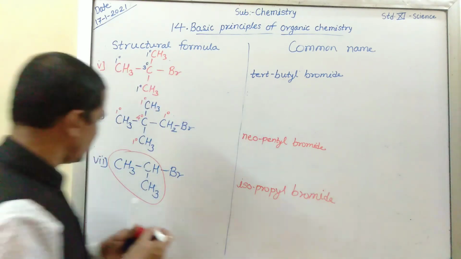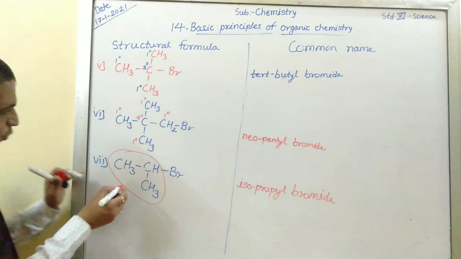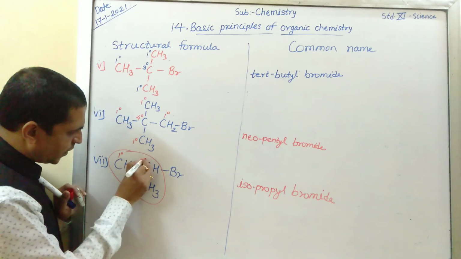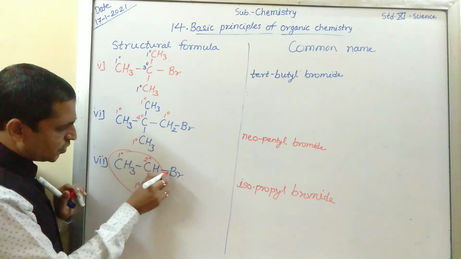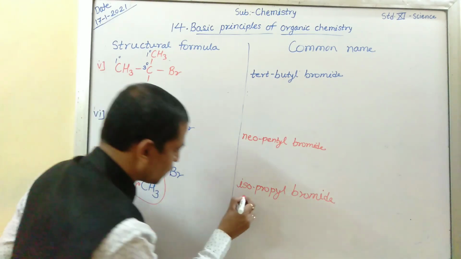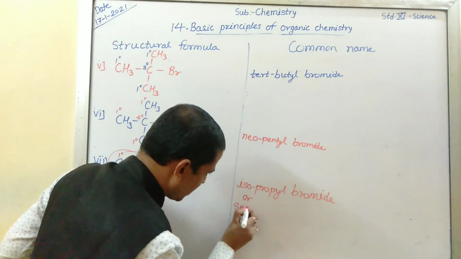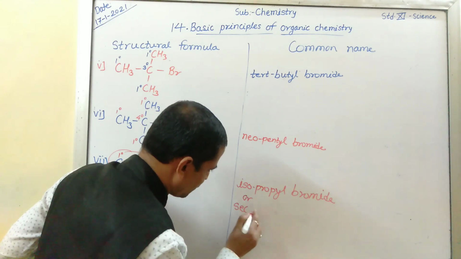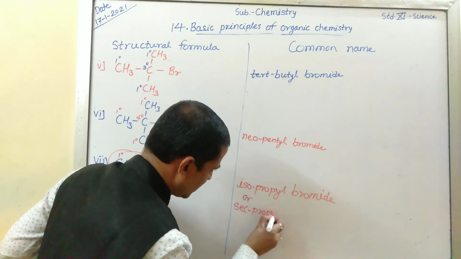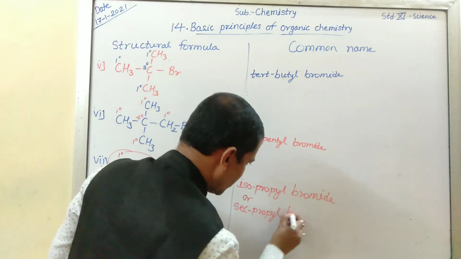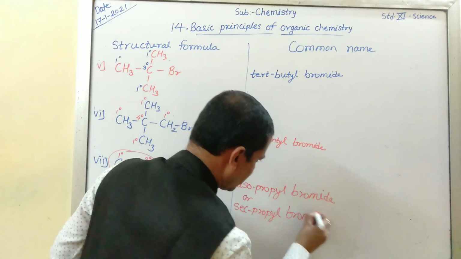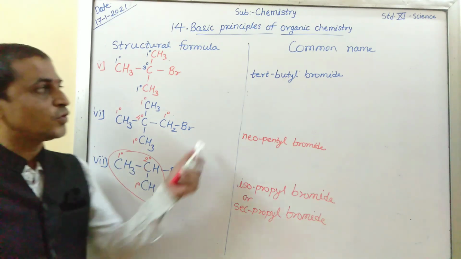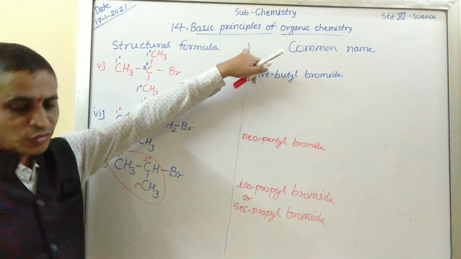But it has another name. Count this: 1, this is primary, and this is secondary. See here, Br is attached to a secondary carbon atom. So here another name: secondary propyl bromide. For this there are two common names. I hope you understood how to write the common name.